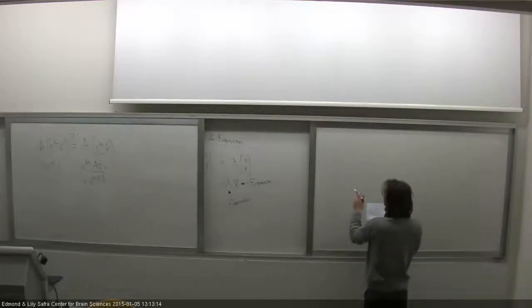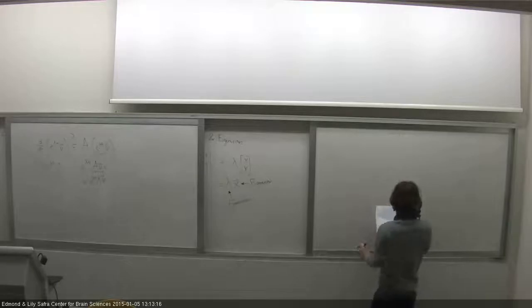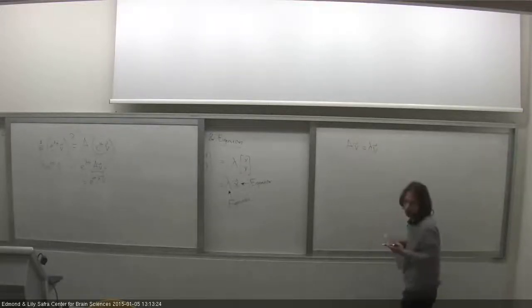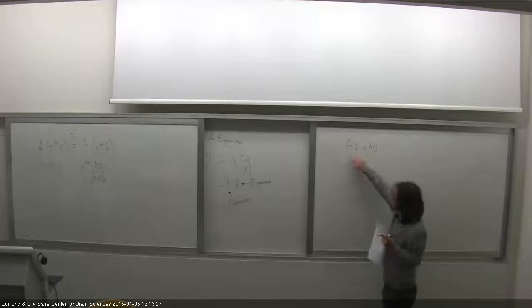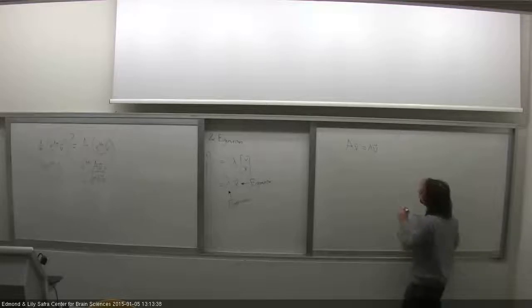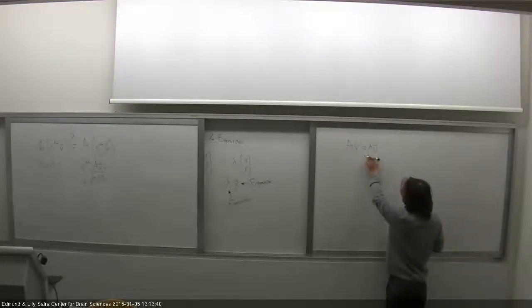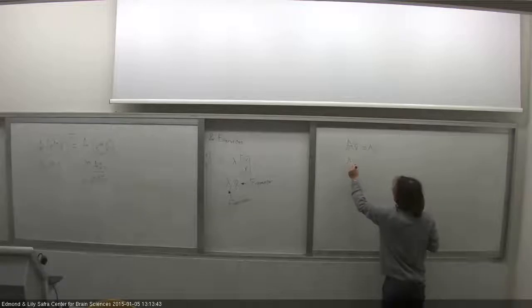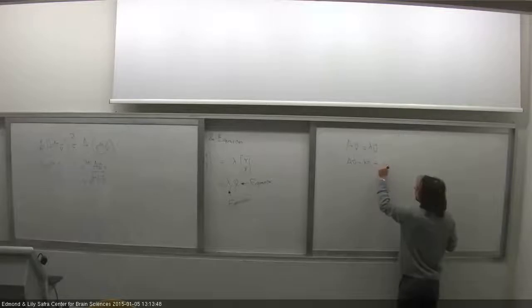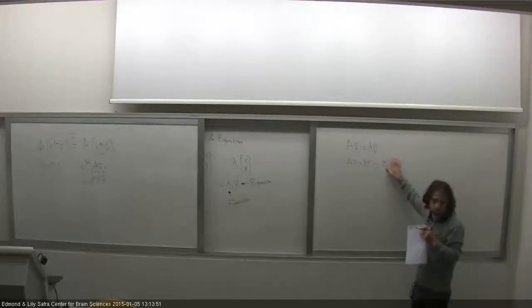So what we do is basically we start from this equality. This is the definition of the eigenvector and eigenvalue for A. This is what they basically satisfy. And I want to subtract this from both sides. So A times V minus lambda V. What I remain with here is just the zero vector.